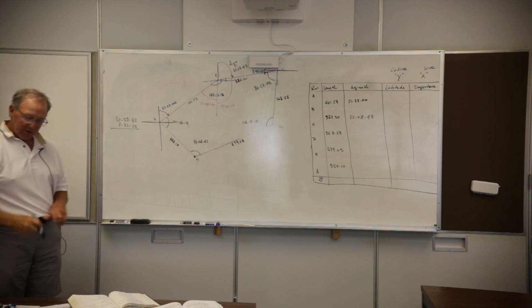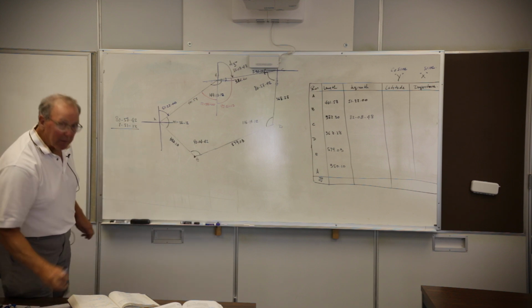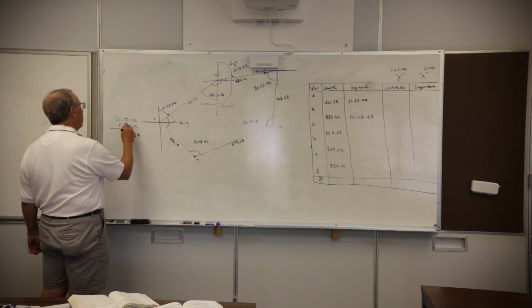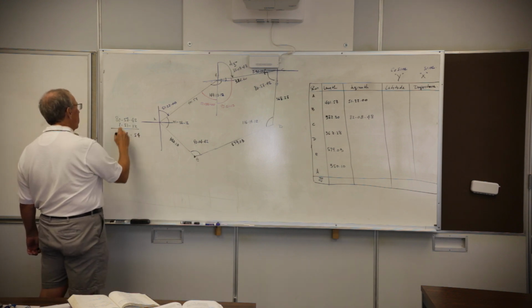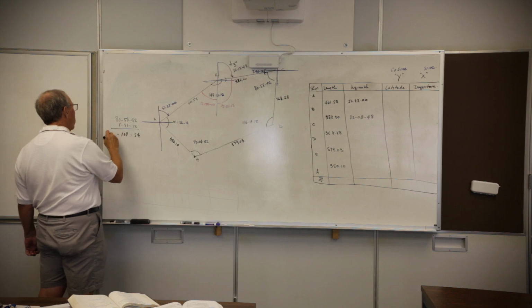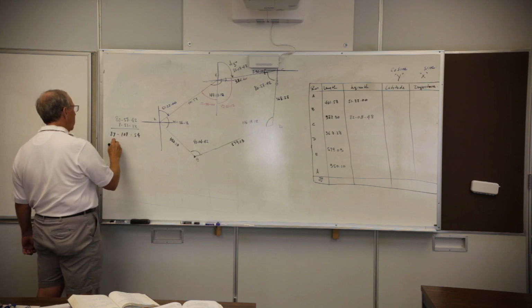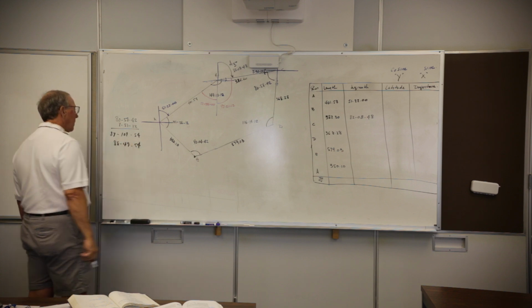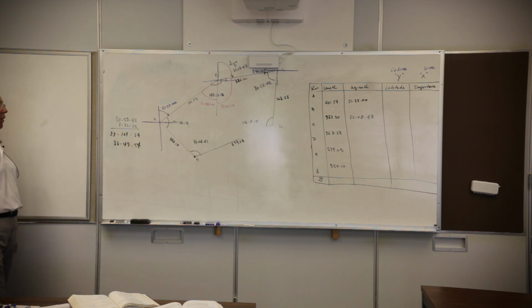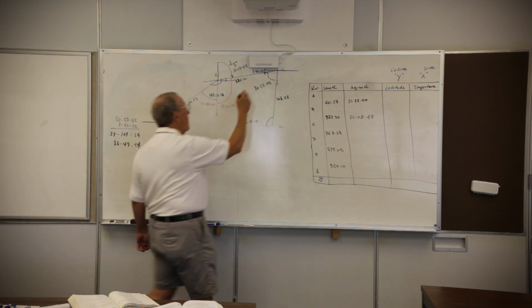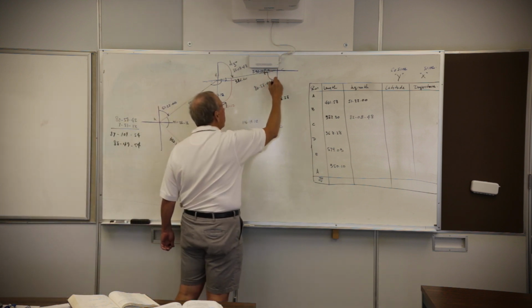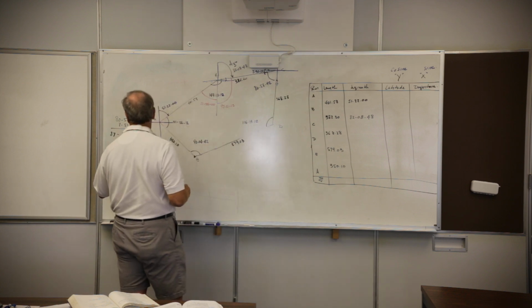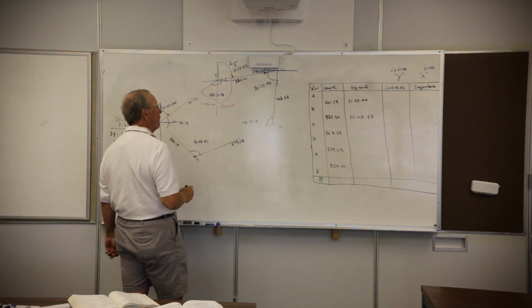I'm going to find out how much of that 90 degrees is eaten up by these two numbers. So this angle right here, from there to there, is 88, 49, 54.